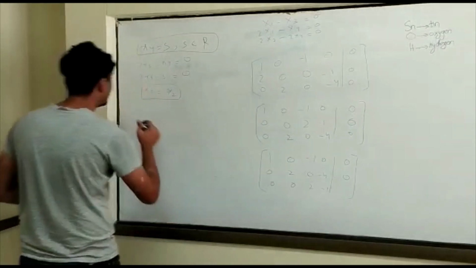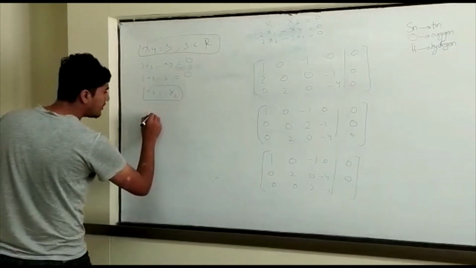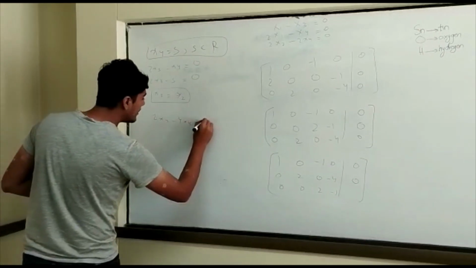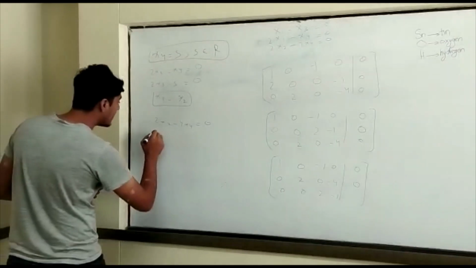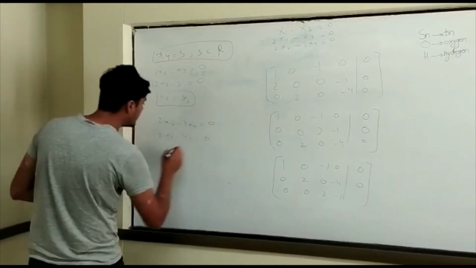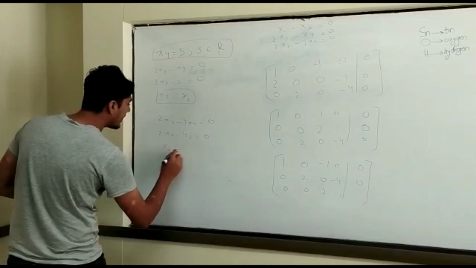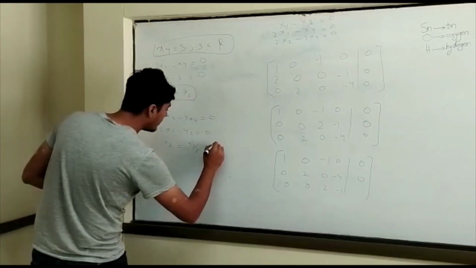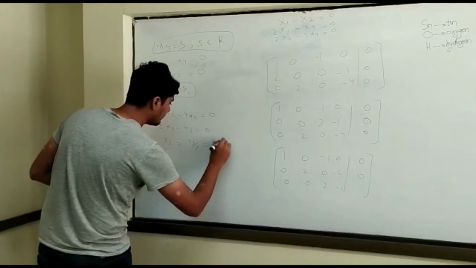From the second row, we get 2x2 minus 4x4 equals 0. We substitute x4 as s again. 2x2 minus 4s equals 0, and then x2 we get as 4s by 2, or 2s.